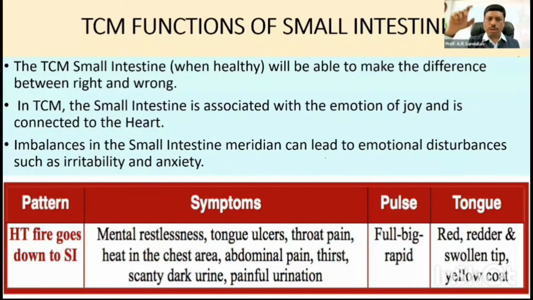Now, let me proceed. There are a few concepts we try to understand. We have seen the modern medicine view, and now we are stepping into the traditional Chinese medicine perspective of the small intestine. Hopefully we try to analyze certain things.